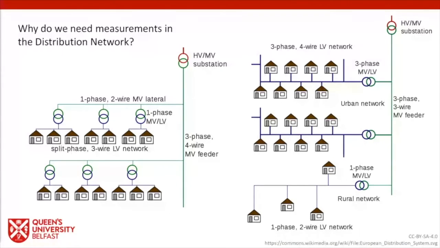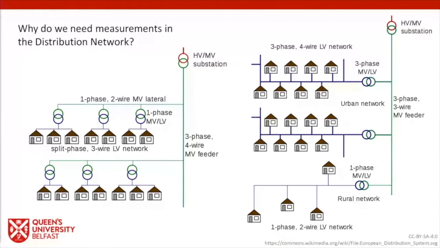In fact, it's quite common on distribution networks in the UK that you could easily have 100 homes connected to the low voltage side of the transformer. And of course, there are also the quirks of how, in much of the world on 230-volt systems, households will be supplied with single phase, and in North America you have the split phase arrangement, and all sorts of complexities arising in terms of measurements there.